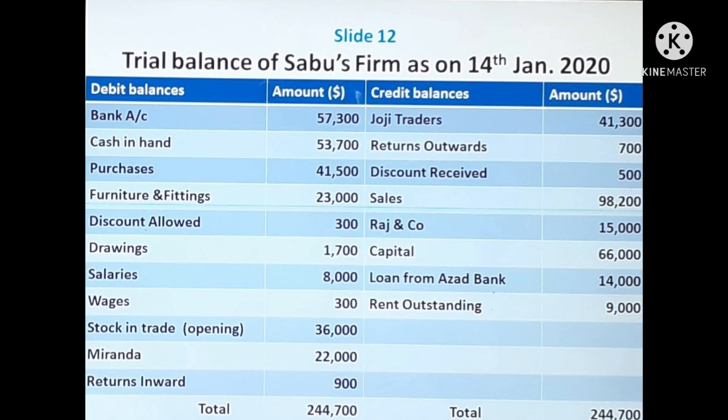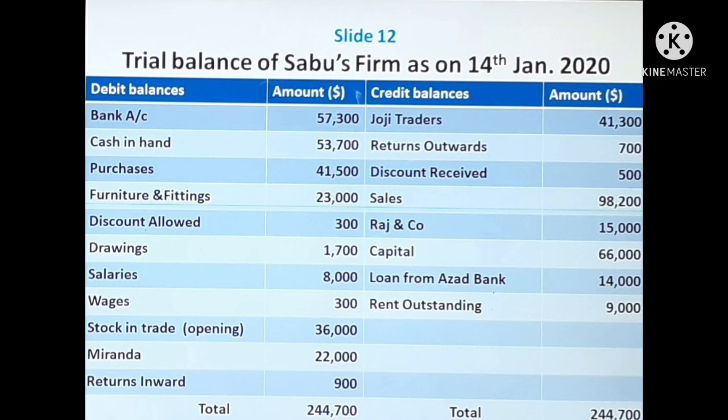On the credit side, all liabilities, amounts payable, including to suppliers like Joji Traders, Rajan Company, then loan from Azad Bank, rent outstanding for 3 months. Now, incomes, sales, discount received, then capital account. So, on the debit side, please note asset accounts, expenditures and losses, and drawings. On the credit side, liability accounts including that to suppliers, incomes and gains, and capital.